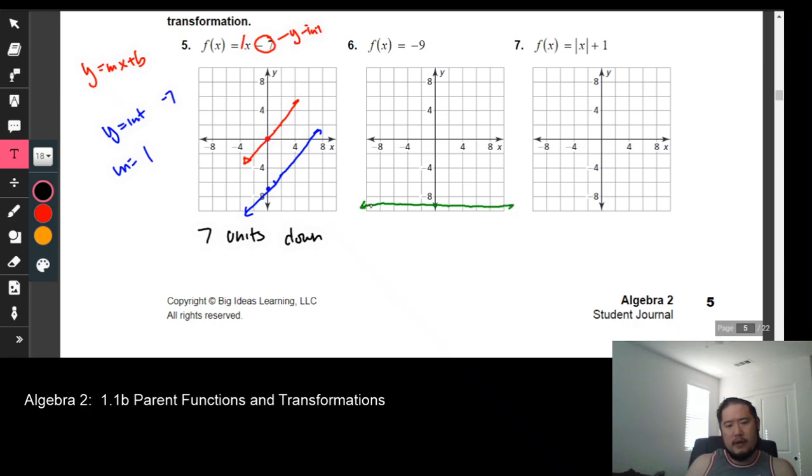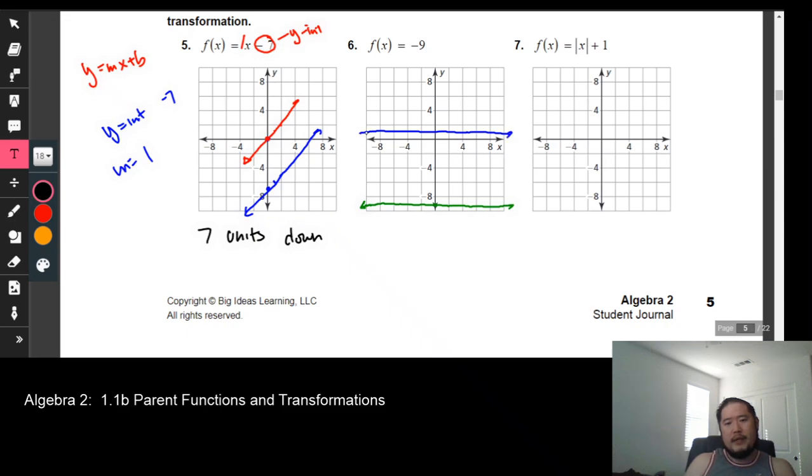All right, and there you go. This one happens to be a little tricky when we describe the transformation. If you recall, our parent function is up above at f of x is equal to 1.